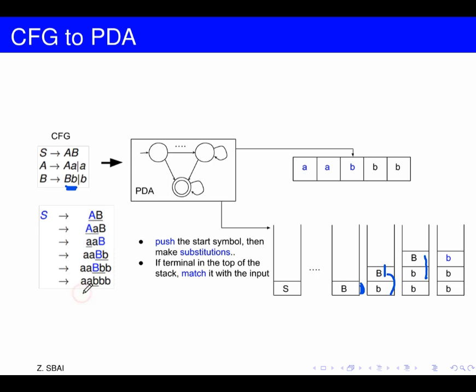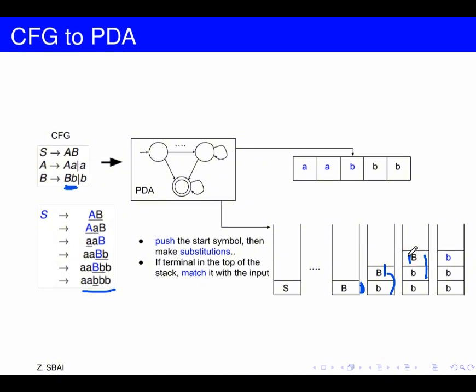In our example, we know that we want to lead to the string a triple b. That's why we have chosen to replace the symbol B by the two symbols capital B, small b. The last B, for example, will be popped, and the terminal b will be pushed. And this time we will see that this is the same as the symbol of the input.